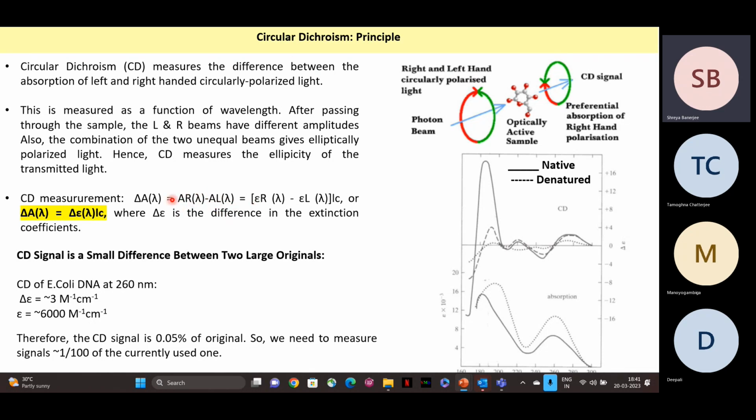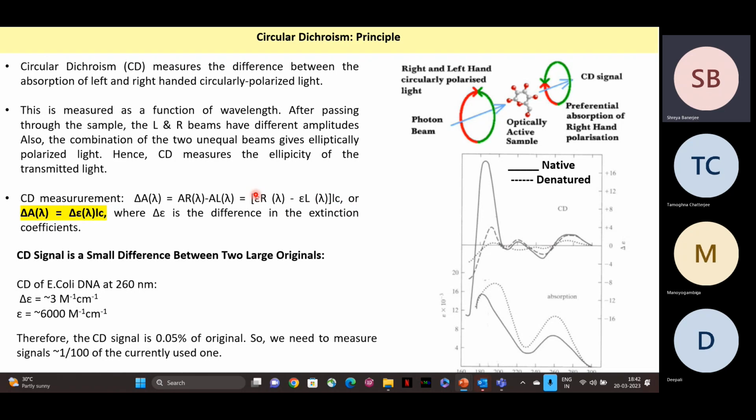And we know from the Lambert-Beer's law that absorbance can be written as epsilon CL, where epsilon is the molar absorptivity. So we are expanding this formula using the Lambert-Beer's law, and we are taking L and C common because the cell length is common and the concentration is also the same.